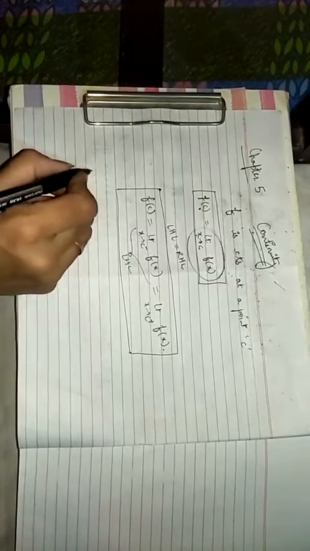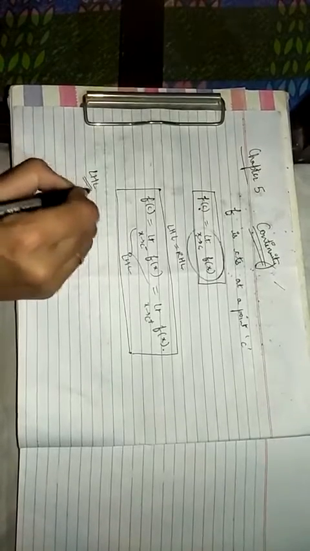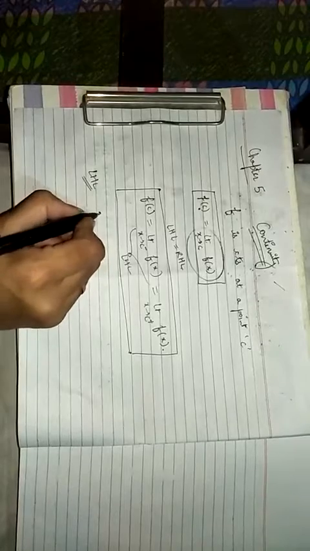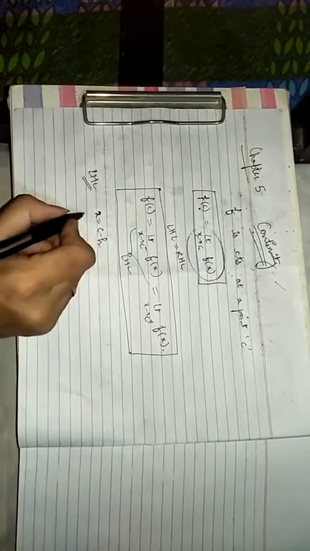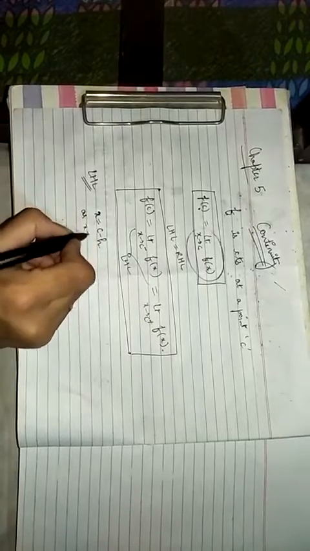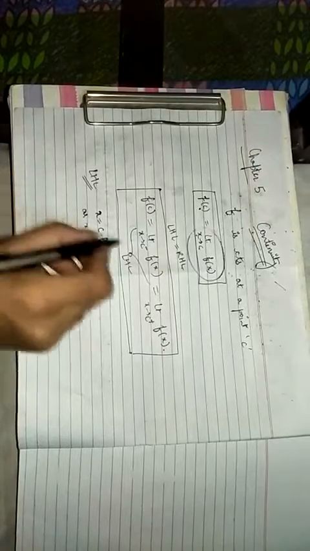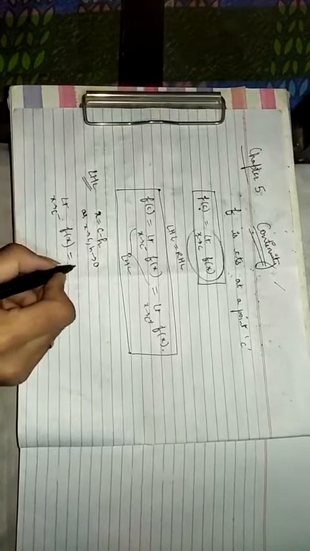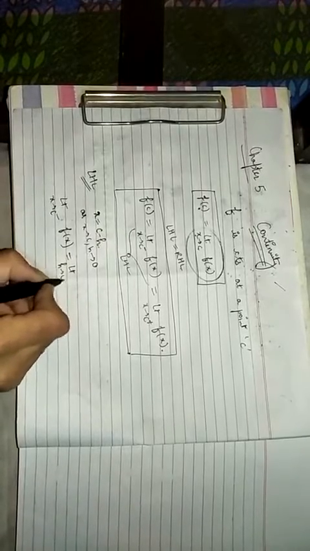Now you have learned in plus 1 class that we can also find the left hand limit by using x equal to C minus h. As x tends to C, h approaches 0. So our left hand limit, x tending to C negative f of x, is also equal to limit h tending to 0 of f of C minus h.